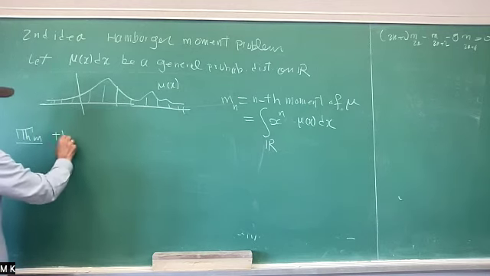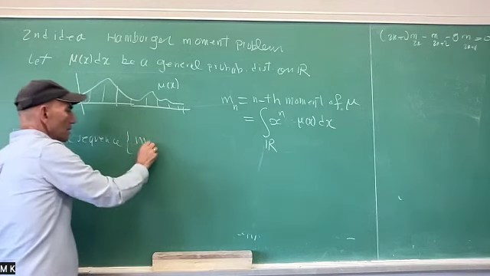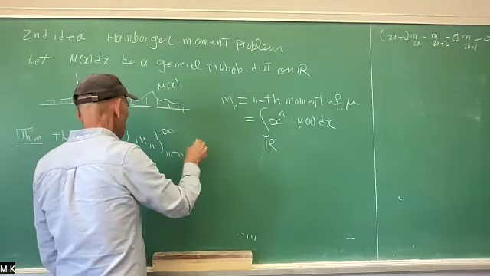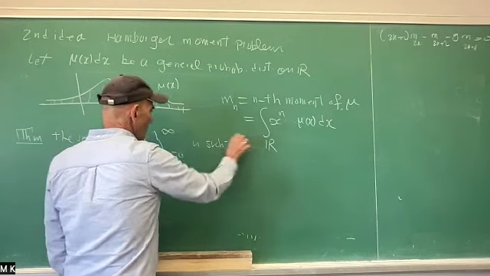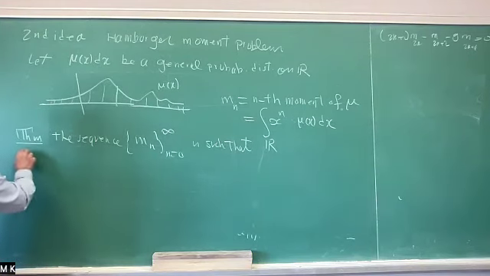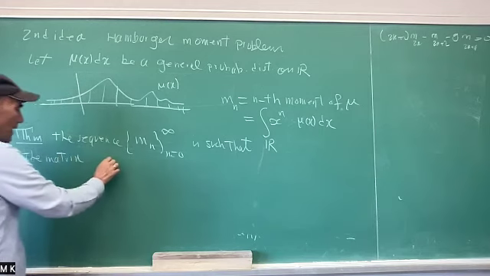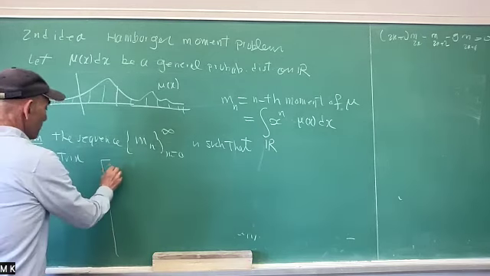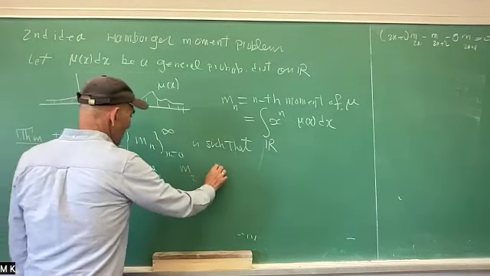The sequence Mn, n equal to 0 up to infinity, is such that the matrix, which is an infinite by infinite matrix, is the following. The first row is M0, M1, M2, M3.